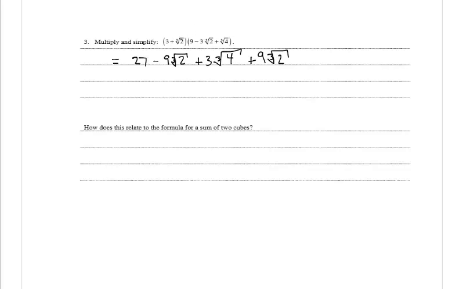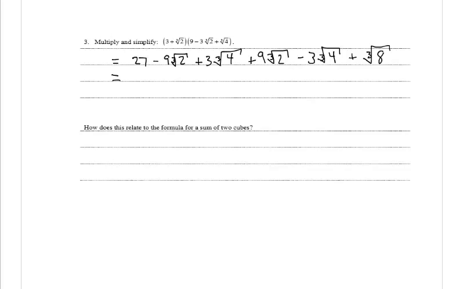And then we have the cube root of 2 times negative 3 cube root of 2. So we have minus 3 times the cube root of 4. And then we have the cube root of 2 times the cube root of 4, which gives me the cube root of 8. And now I want to simplify.